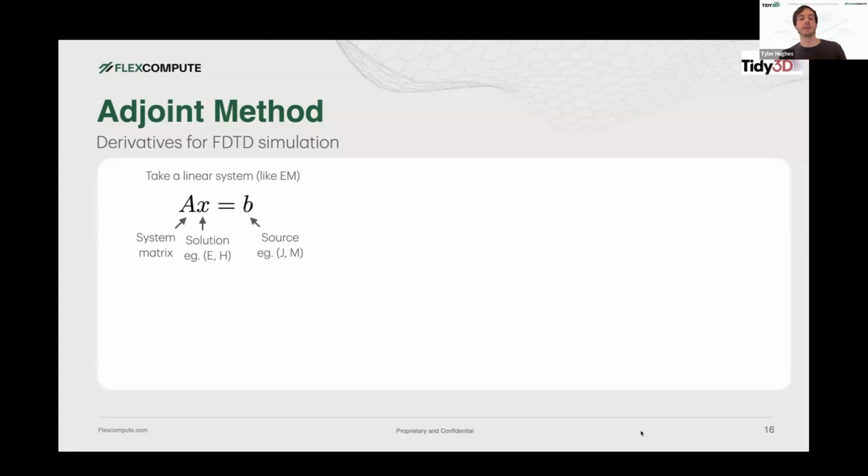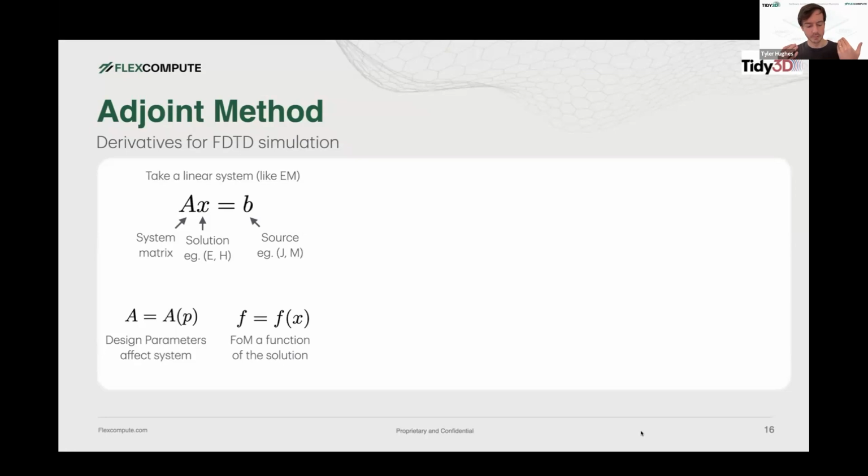And B is a vector that is just the source, the current source driving the system. The design parameters, our geometric and material parameters, affect the system matrix. And then the figure of merit that we want to differentiate at the end is a function of the solution X. It can be a function of P too, but for now, let's just pretend it's just X.